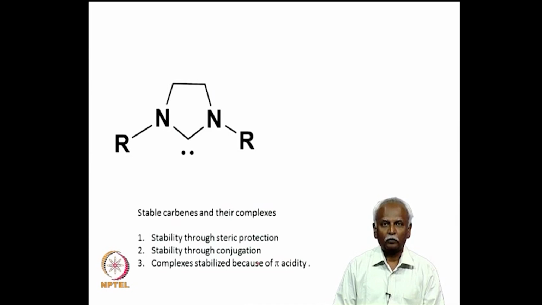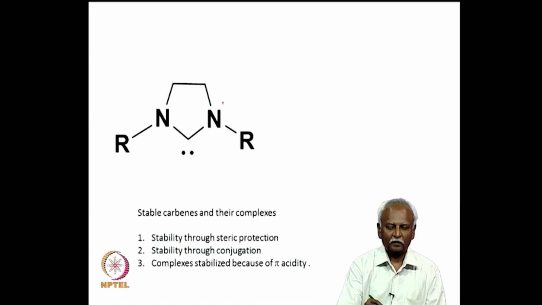In the lecture on N heterocyclic carbenes, we encountered carbenes which have two nitrogens or two heteroatoms, and these are the two heteroatoms that we are talking about. These two heteroatoms are stabilizing the carbene carbon, which has a pair of electrons which can be donated to the metal atom.